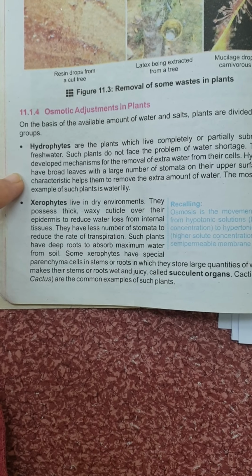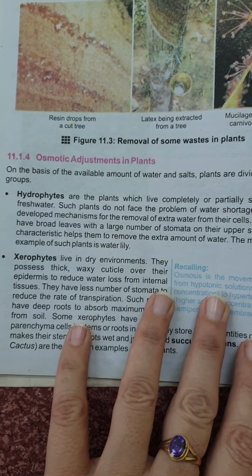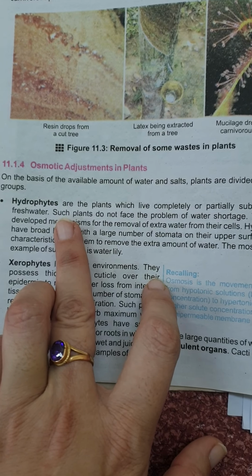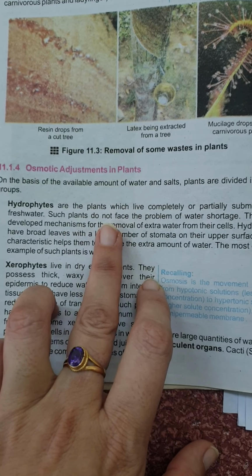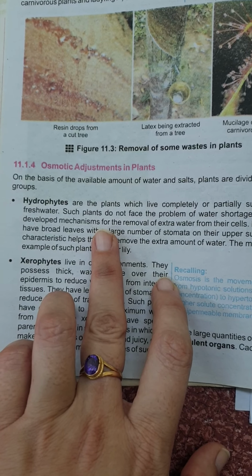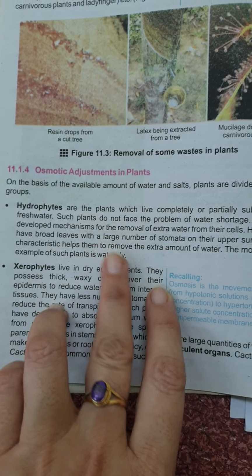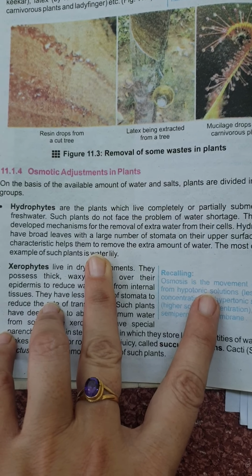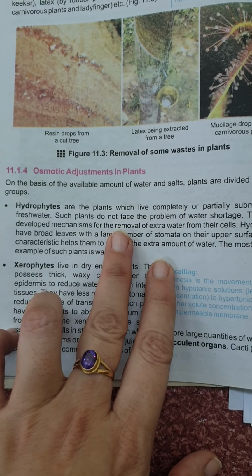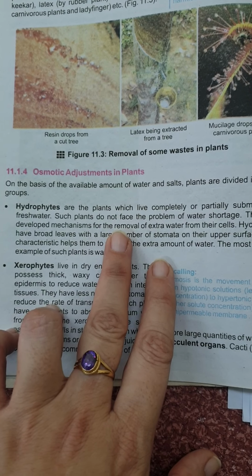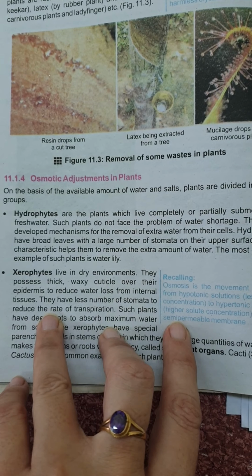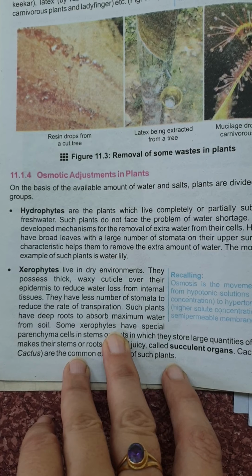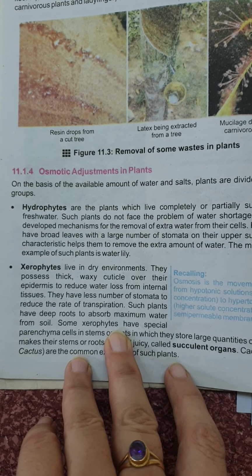Plants face different environments. The plant cell can have different environments, and how they act normally in that environment. Sometimes the environment may be hypotonic, having more water, less salt. Sometimes the environment may be hypertonic, having more salts and less water.